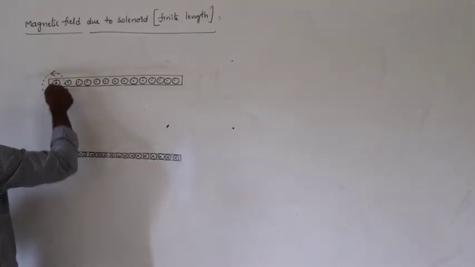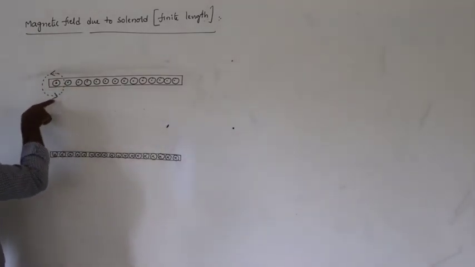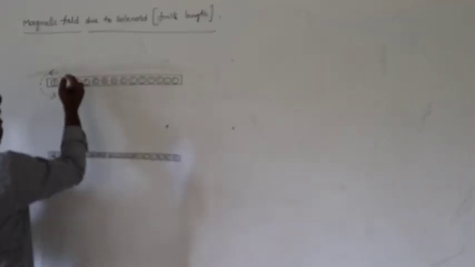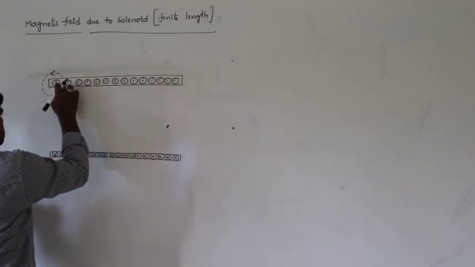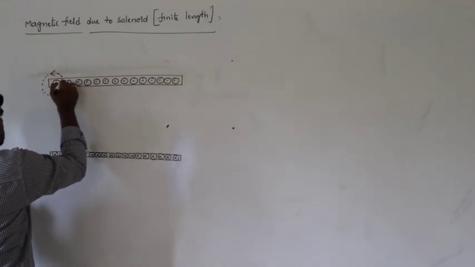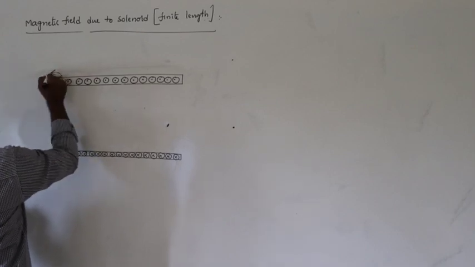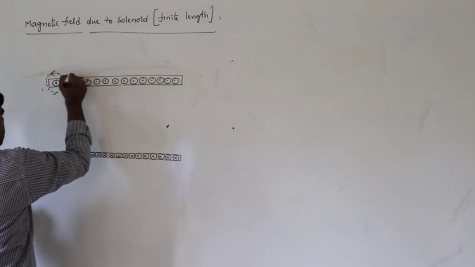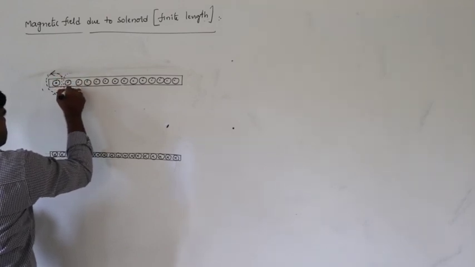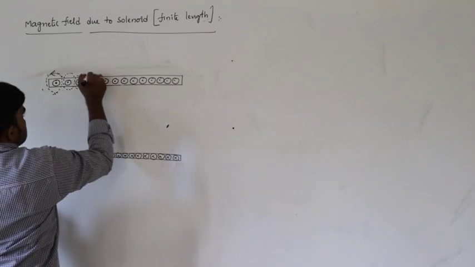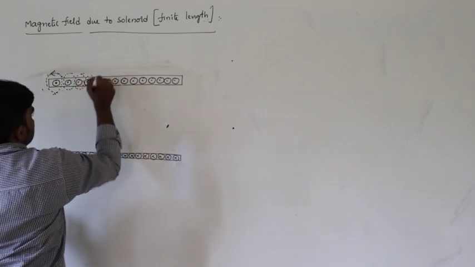But inside the solenoid, what is the direction of the magnetic field? This is the direction. And due to this also, these magnetic fields never intersect. So like this, the direction of the magnetic fields are like this, and these magnetic fields do not intersect.